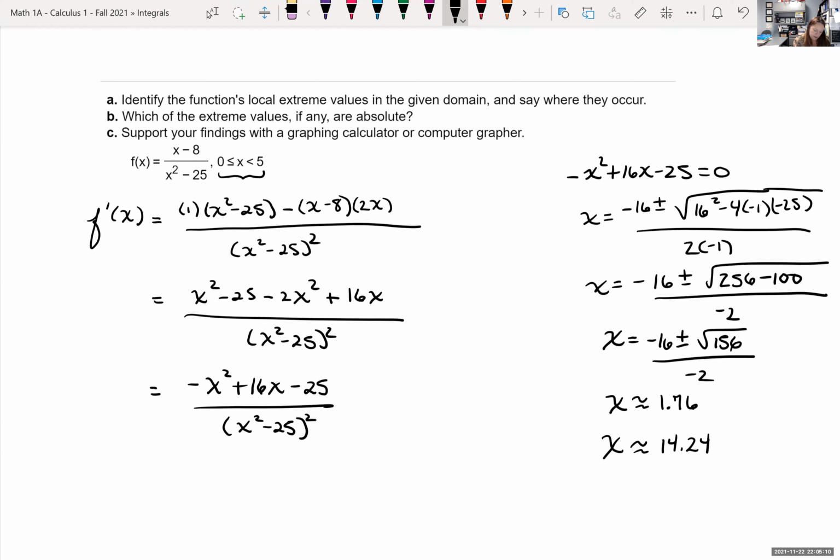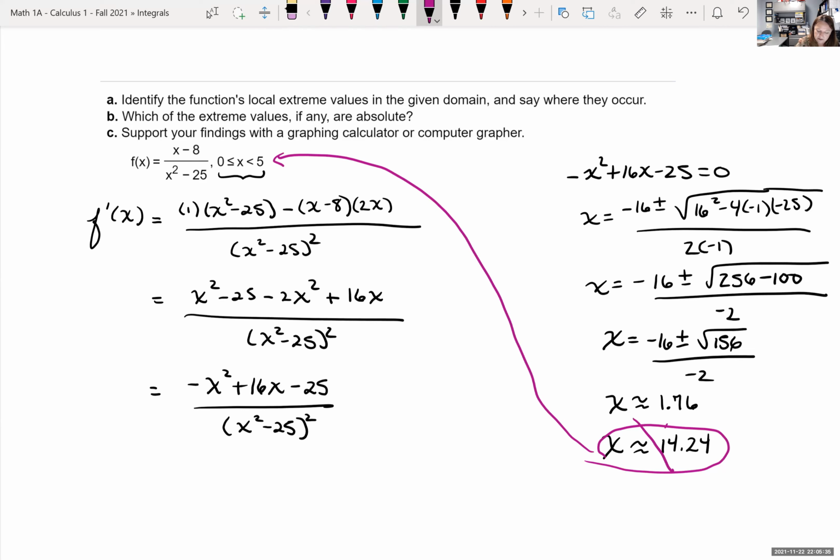Notice that our interval is between 0, including 0, and 5. So this value out here, 14.24, does not fall in this interval, so we're not even going to look at it.